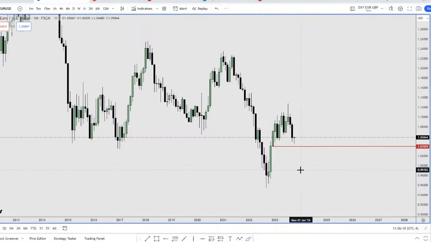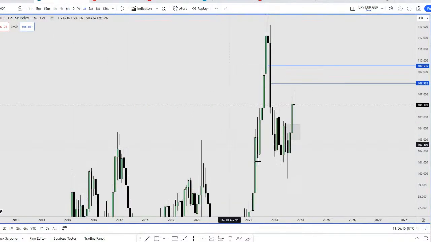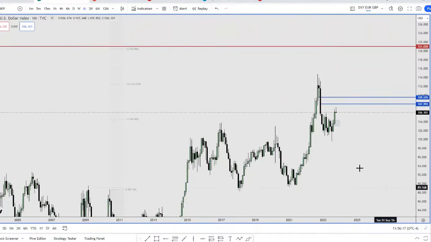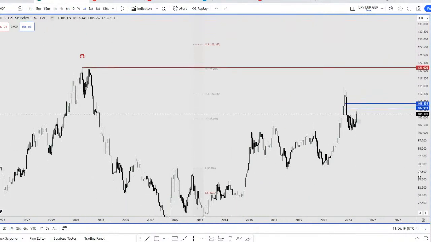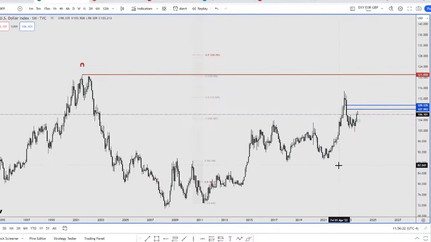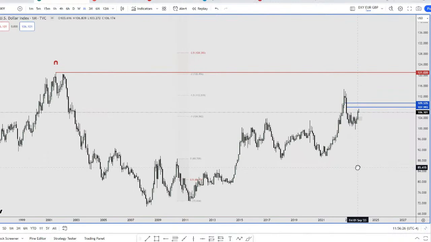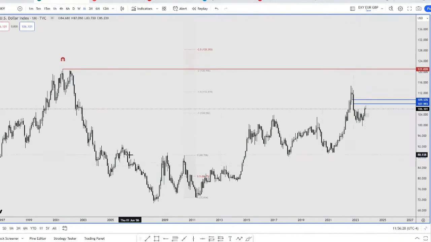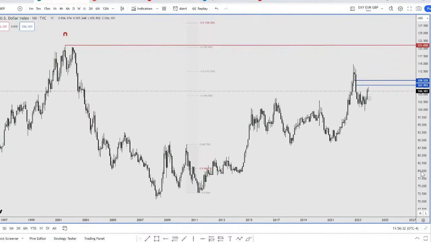But if you are looking at really long term, okay, for DXY, in the case of your question, we're going to zoom out to higher time frames for DXY, okay?